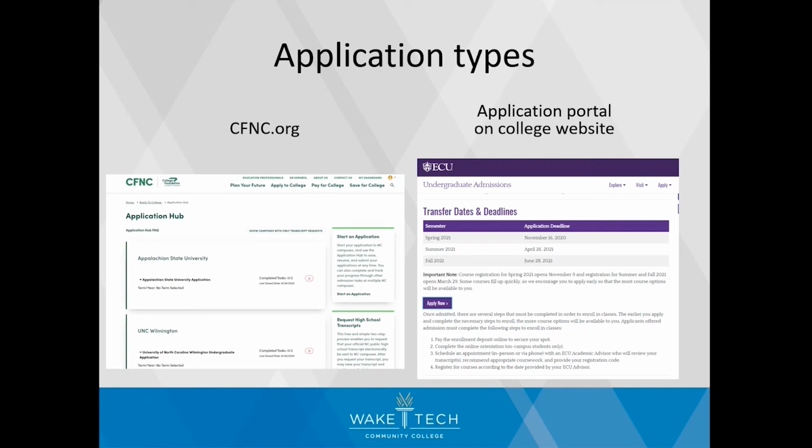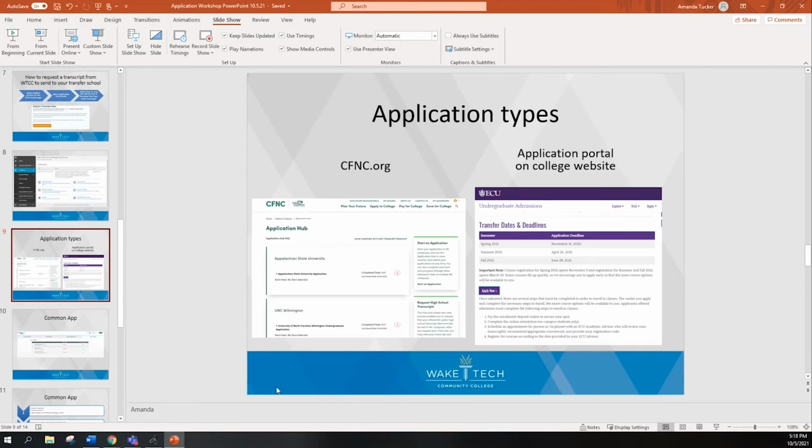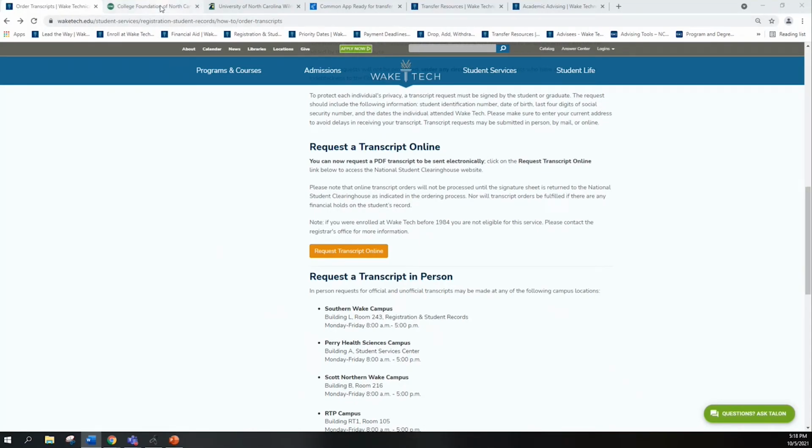The other one on this slide is the application portal on the college website. A lot of colleges will also have their application option for you to apply right through their website. And we'll look at both of those options before we move into the third type, which is very common, which is Common App.